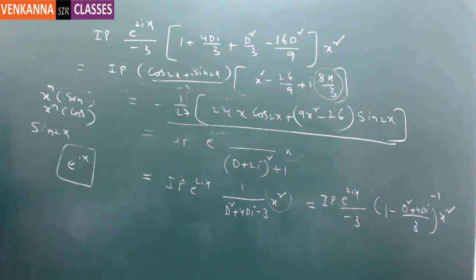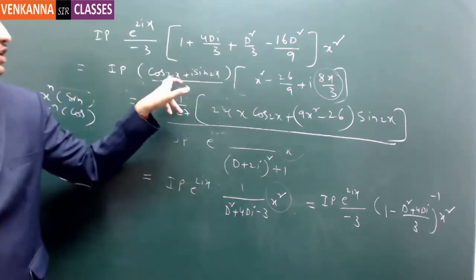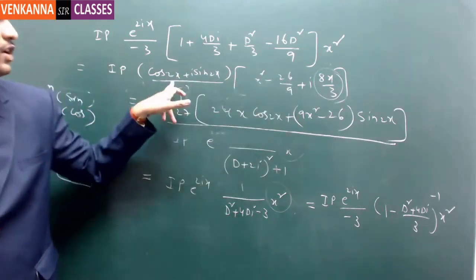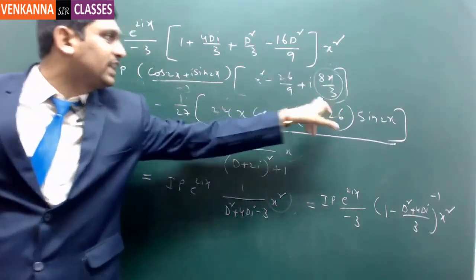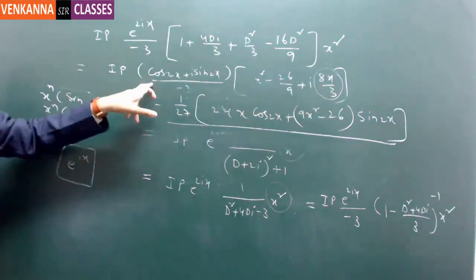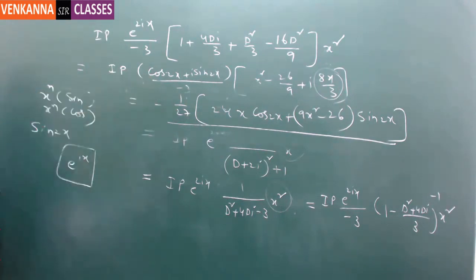Yes or no? x square cos 2x minus 26 by 9 cos 2x. Similarly, i into 8x by 3 cos 2x. Am I correct? So we are taking the terms which contain i.